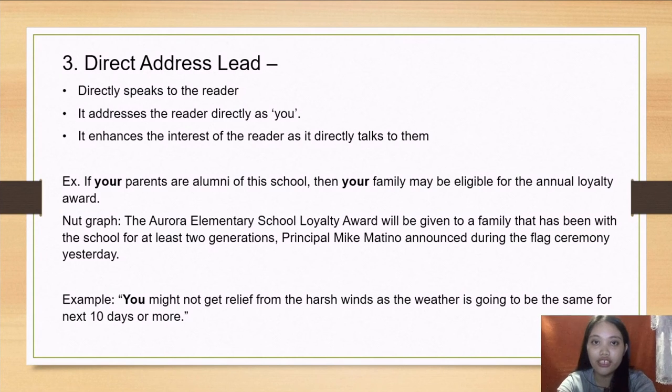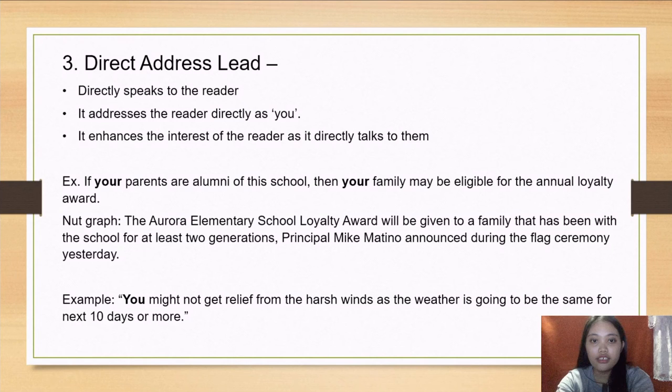So for example: "If your parents are alumni of the school, then your family may be eligible for the annual loyalty award." Second example: "You might not get relief from the harsh winds as the weather is going to be the same for the next 10 days or more." So as we have observed, the two examples use the second person point of view, right?